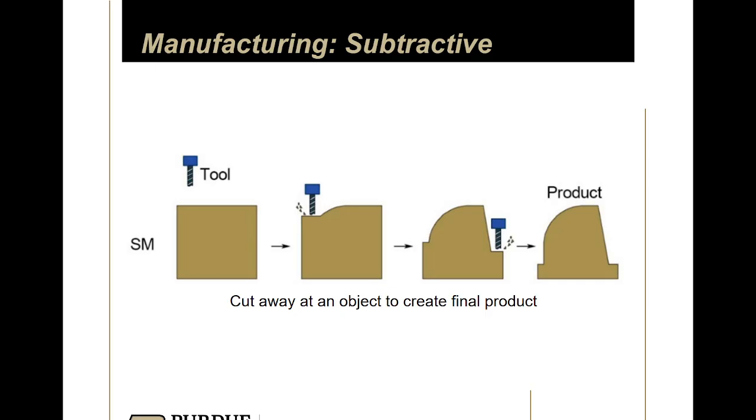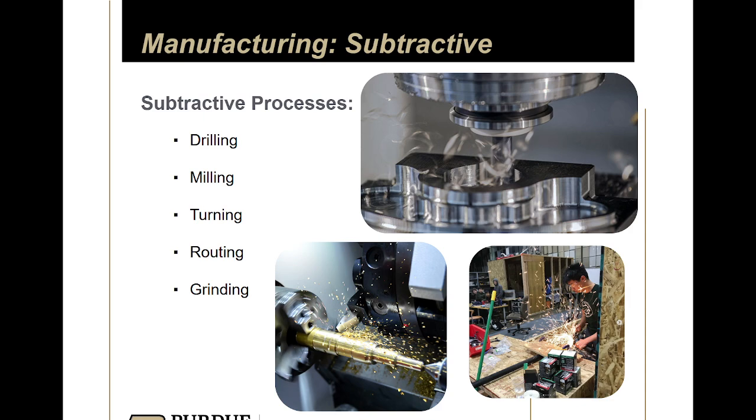So you can see here on the left, we have that square, you have some kind of tool that cuts away, and then you have a final product. These are some examples of different subtractive processes. Drills and mills, lathes, all of that is subtractive because you're taking stuff away.